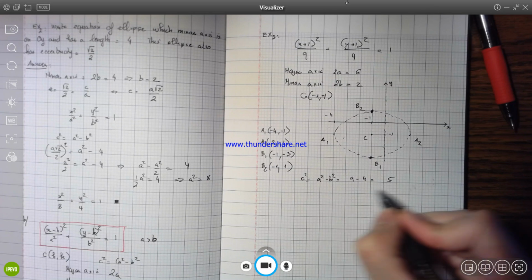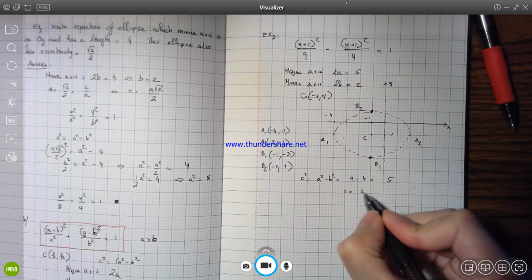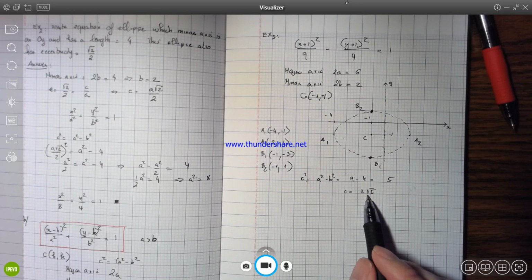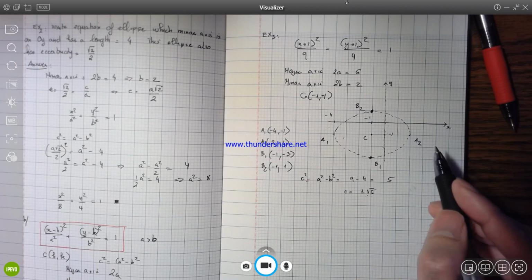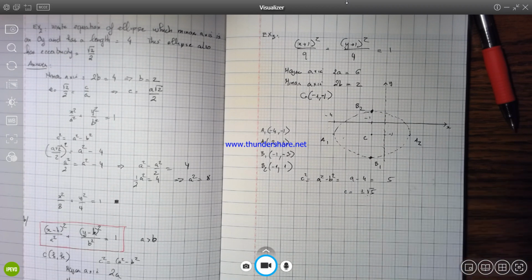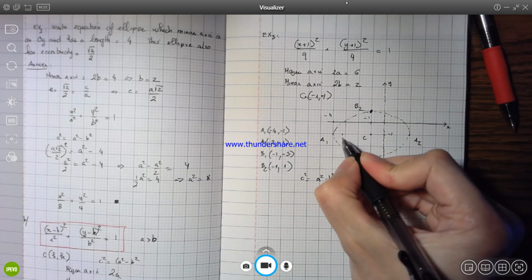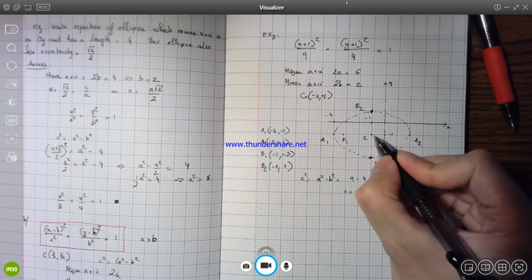So c will be plus or minus square root of 5. It tells you the distance from the center to F1 and F2 is square root of 5, so about 2 point something. So F1 is right over here, and F2 is right over here.